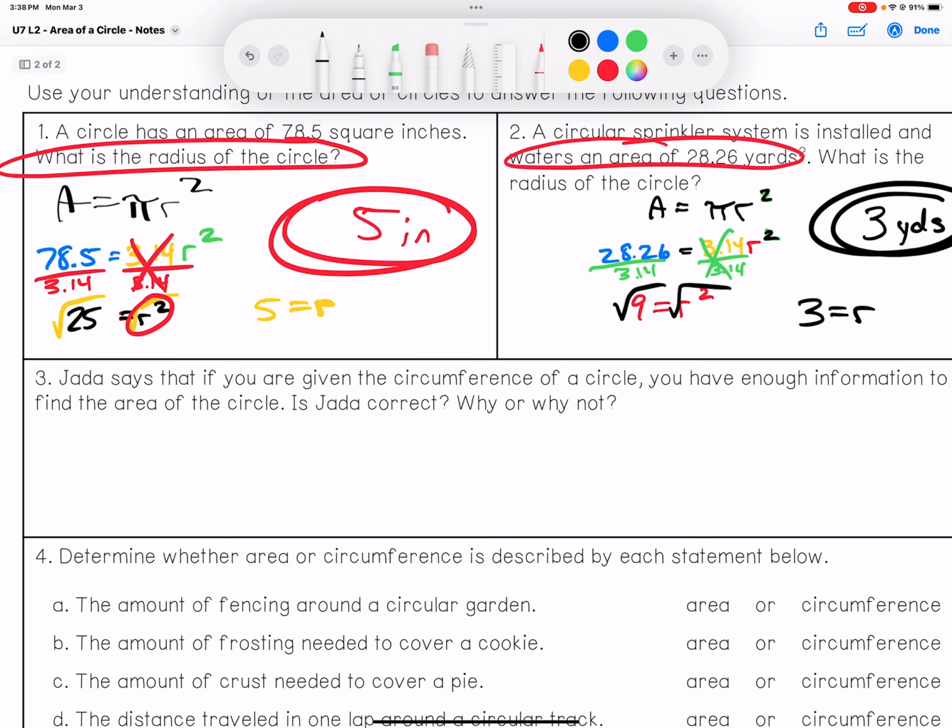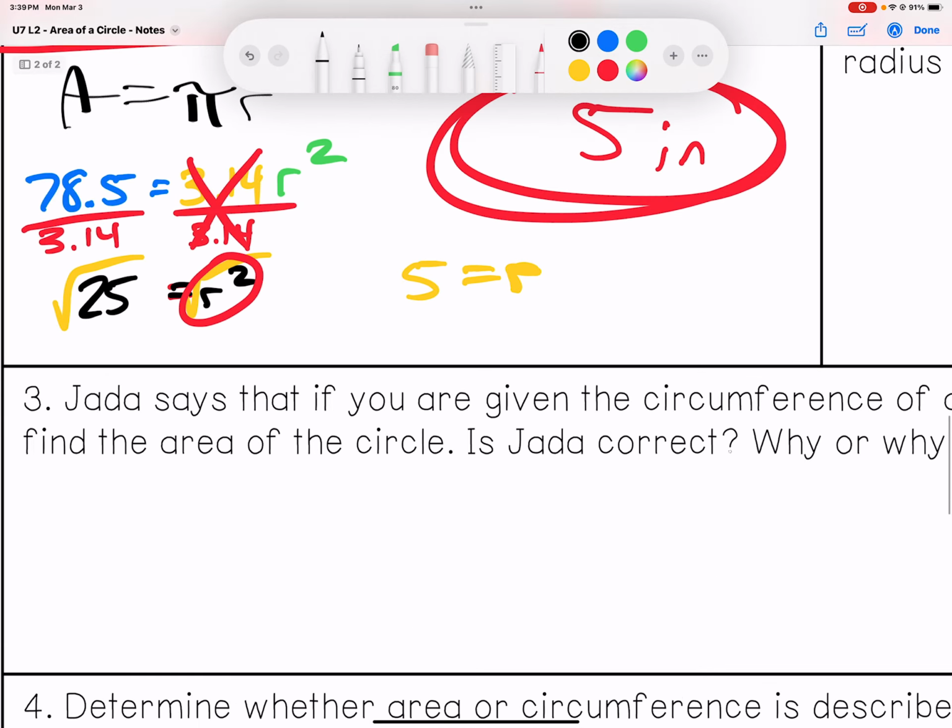Number 3. Jada says that if you are given the circumference of a circle, you have enough info to find the area of the circle. Is she correct? If I have the circumference, do I have enough info? I do. She is correct. Why? I thought I needed the radius, and to know the radius, I have to know the diameter. Right? You're right.